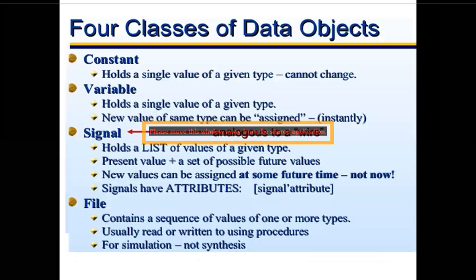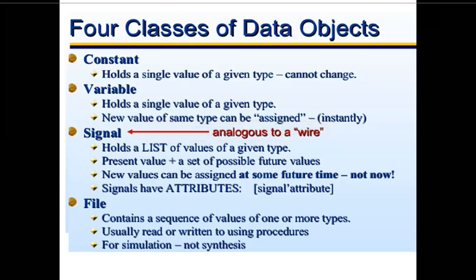Next, the another topic is data objects. So what is a data object? A data object holds a value or a set of values. There are four types of data objects.